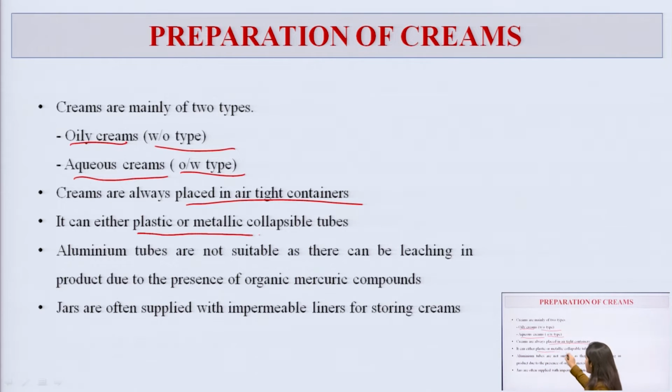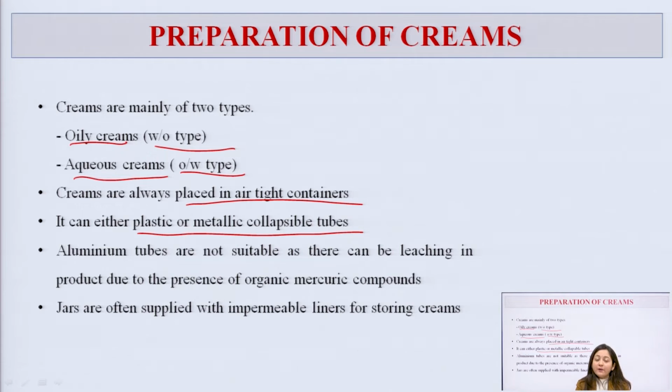It can be either a plastic or metal collapsible tube. Creams can be packed in metal tubes, plastic tubes or plastic jars as well. Sometimes the use of aluminium metal is prohibited or discontinued because when we pack creams in aluminium, there is a chance that leaching might occur.